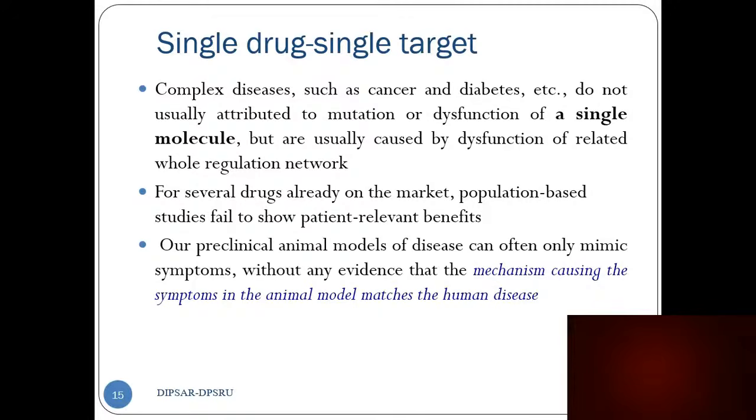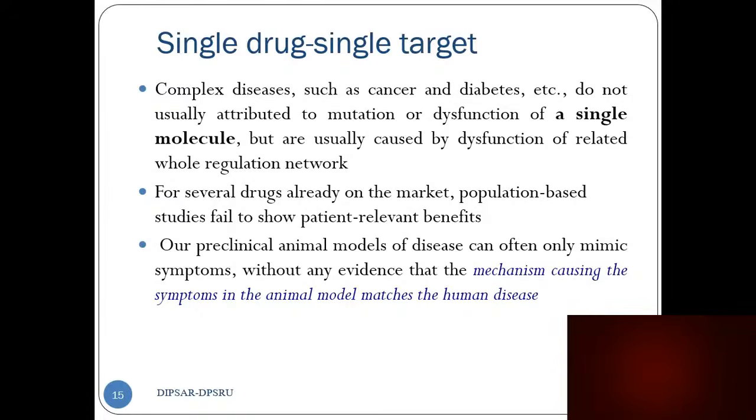So we have many drugs on the single drug and single target concept. Now the question arises, why are we now talking about single drug, multiple targets? Network pharmacology is based on that, and systems biology is based on that.